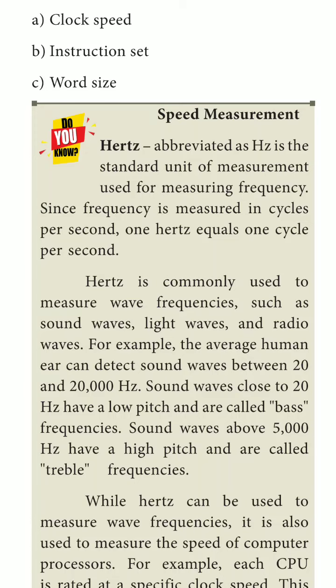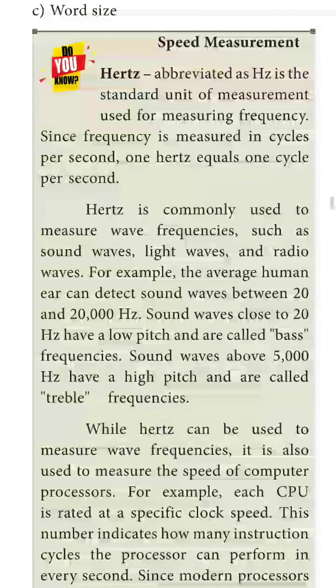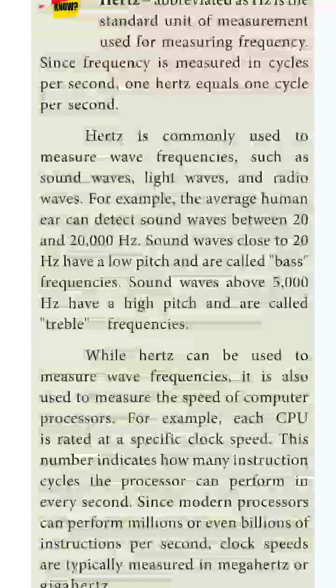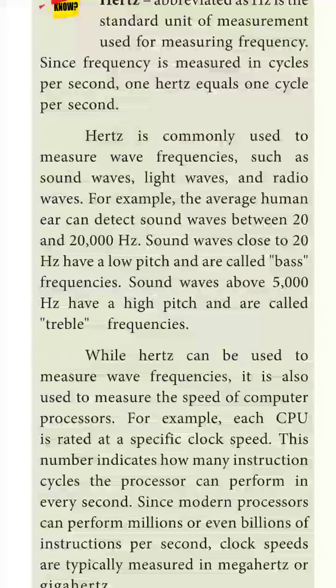Hertz is commonly used to measure wave frequencies such as sound waves, light waves, and radio waves. For example, the average human ear can detect sound waves between 20 and 20,000 hertz. Sound waves close to 20 hertz have a lower pitch called bass frequency.